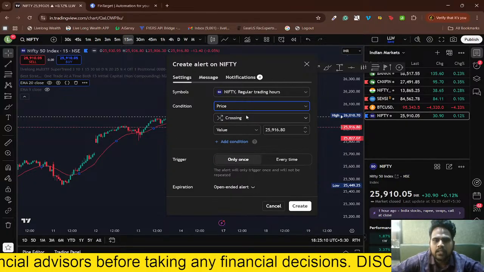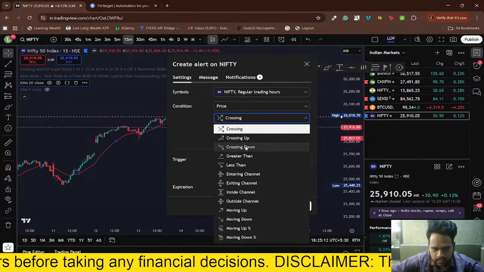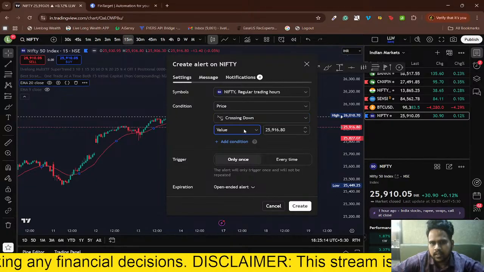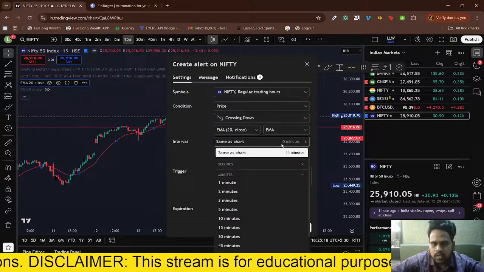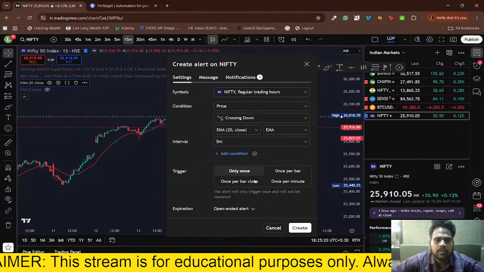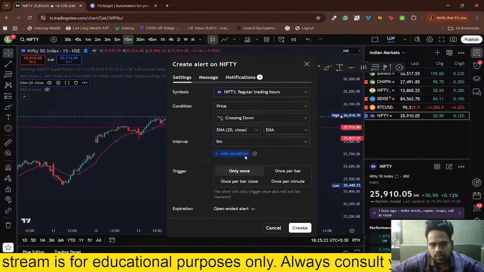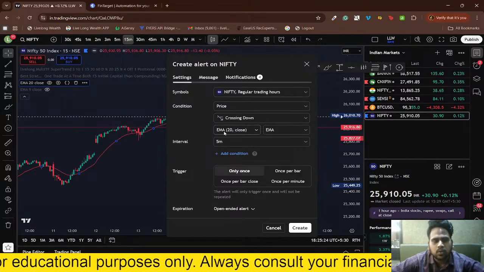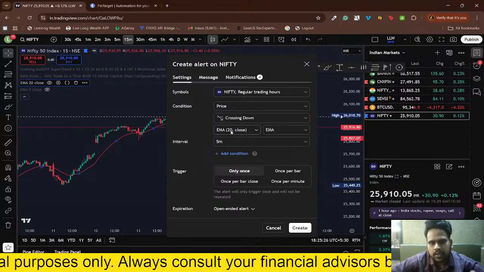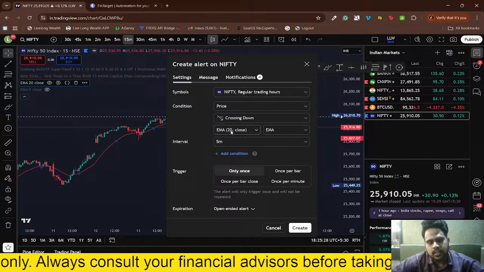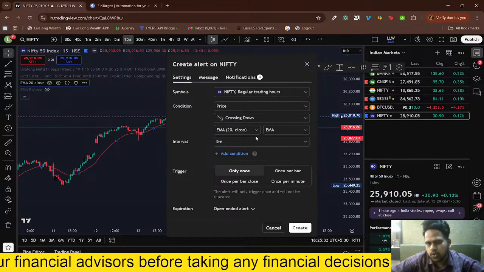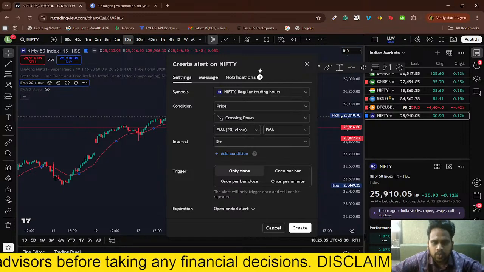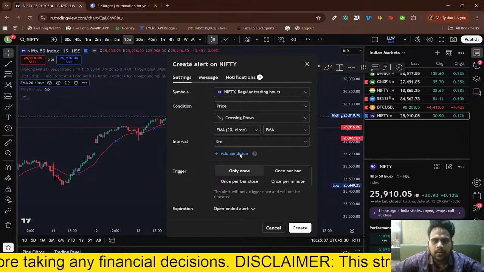I will do price crossing down the 20 EMA, with a 5 minute time frame. Whenever the price crosses below the 20 moving average, the trade should be triggered, with a 50 points stop loss and a 100 points target.